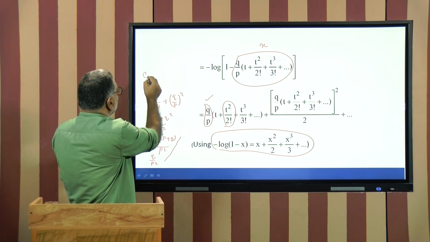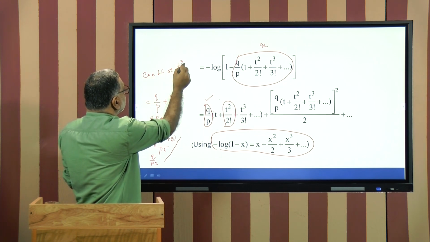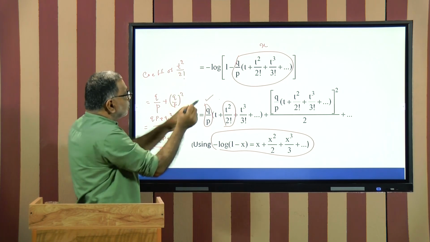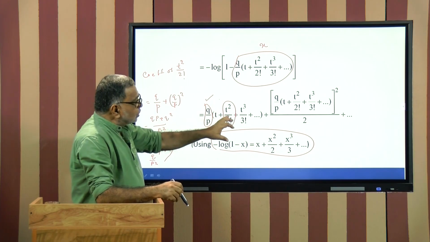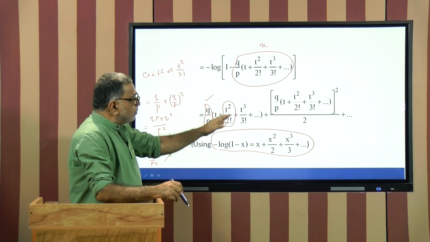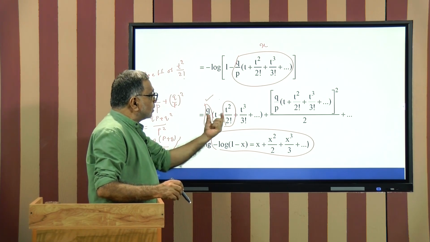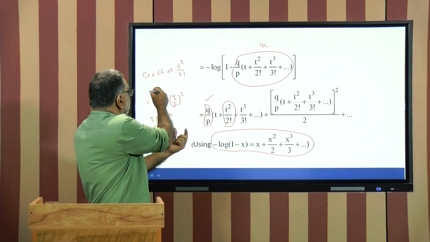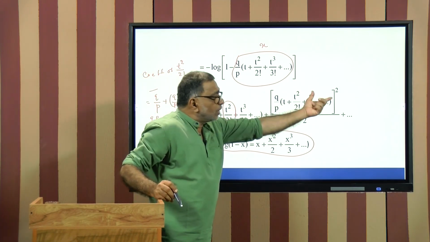So, the coefficient of t square divided by 2 factorial from this expansion. Let me repeat once again, the coefficient of t square divided by 2 factorial we are identifying from the first expression, the coefficient of t square divided by 2 factorial is q divided by p. So, this is the value, and the second bracket you consider, that is the squaring term.